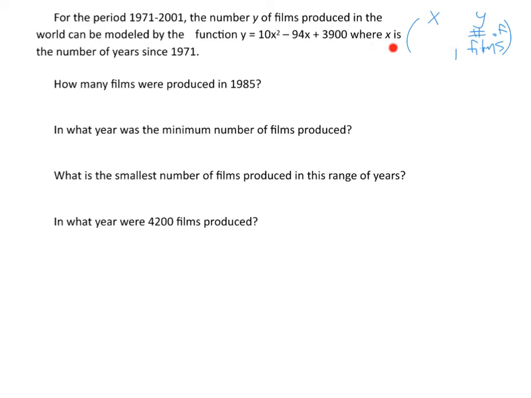Well, x is the number of years since 1971, and it's important that we include that part. So how many years have gone by since 1971? That's our variable x. So the first question says, how many films were produced in 1985?